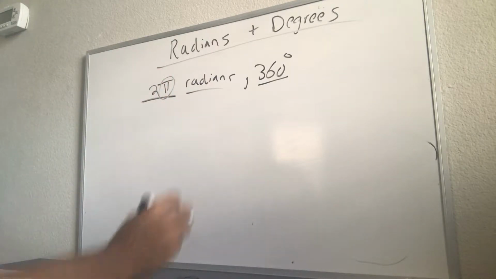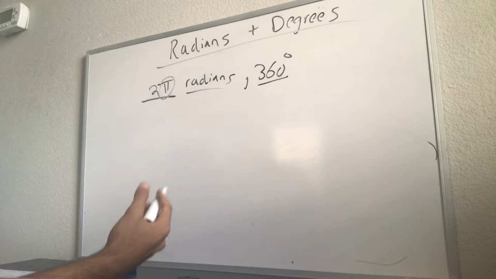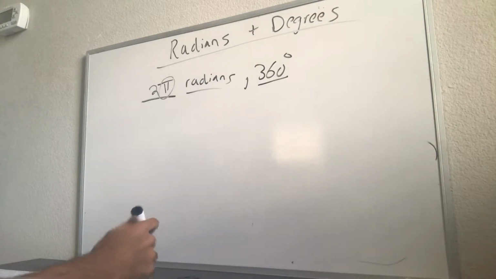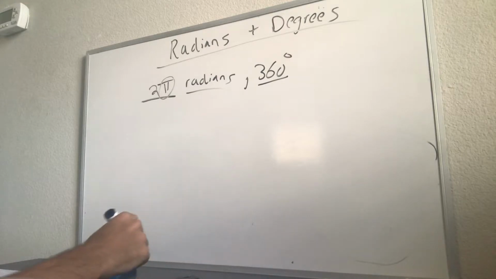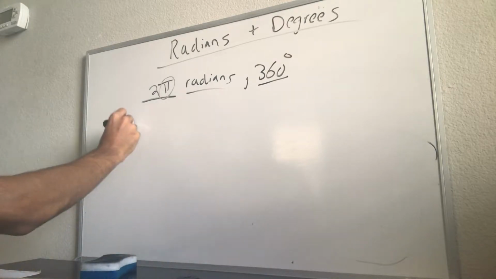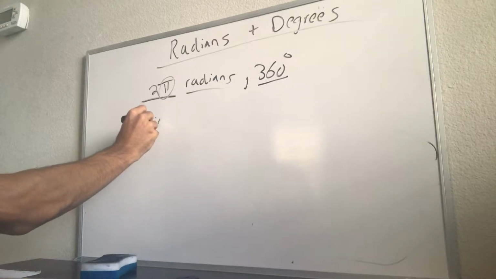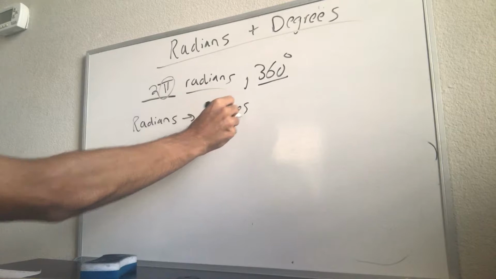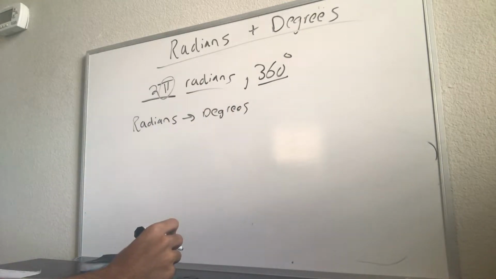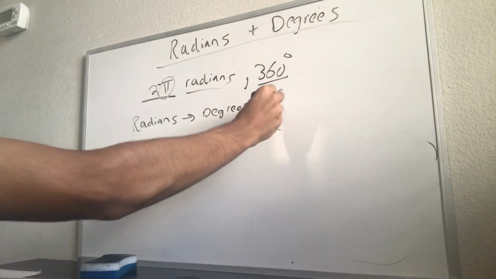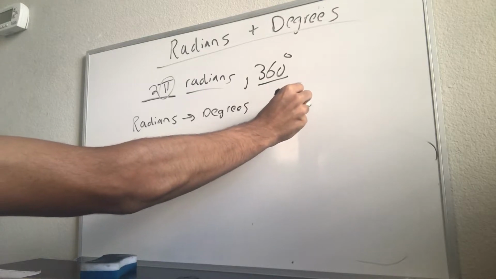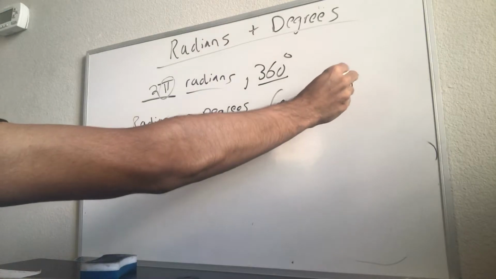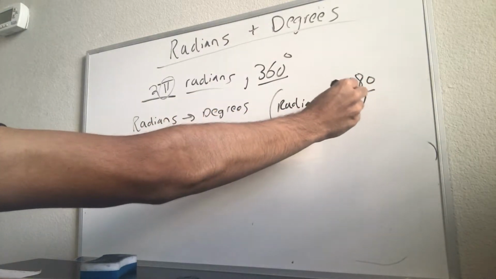But usually, after you understand that this is more of a measurement, how do you exactly convert from one measurement to another? Well, when you're converting from radians to degrees, you want to multiply the radians by 180 over pi.